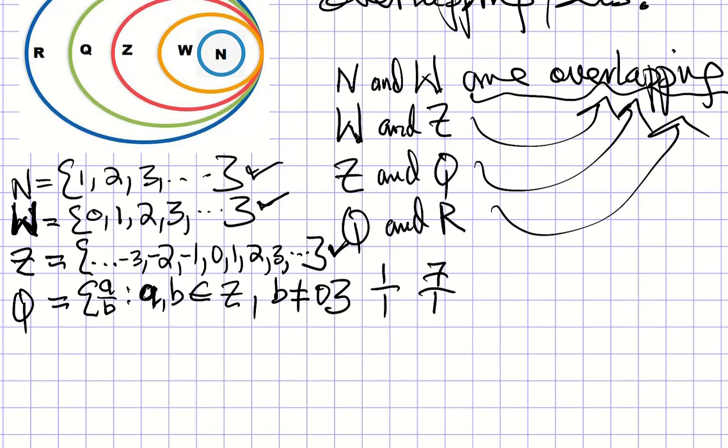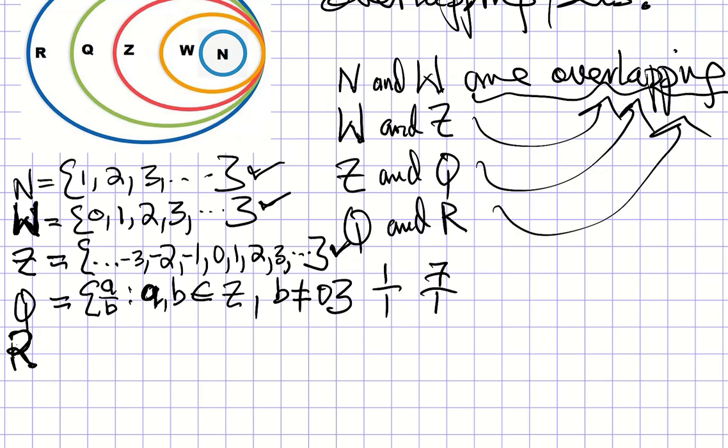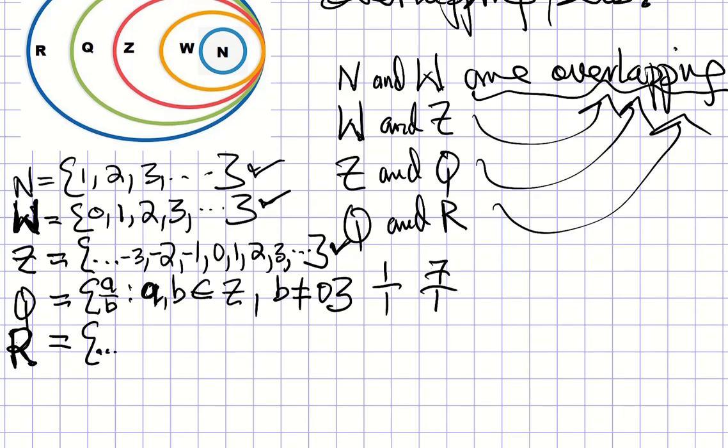And then the last one, the set of real numbers. The set of real numbers contains all the other sets. It contains what all the other sets contain. It's like this: 0, -3, -2, -1, 0, 1, 2, 3, and so on, plus more. It has the fractions in there.